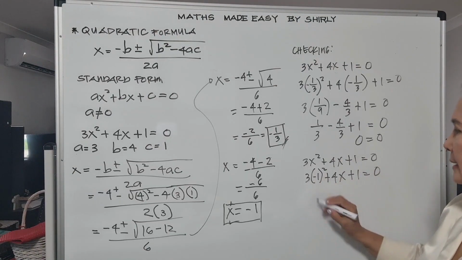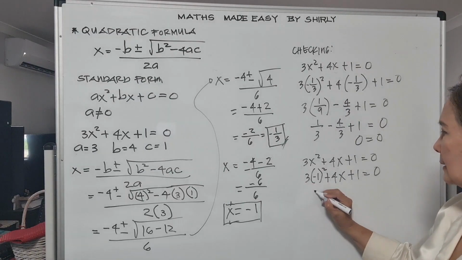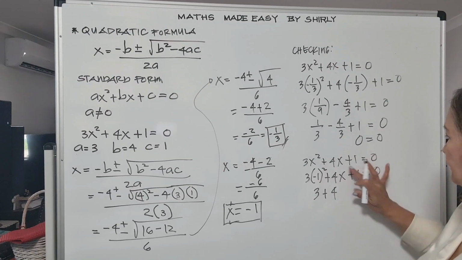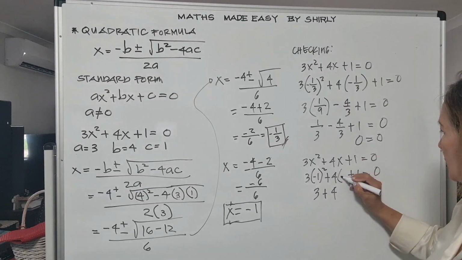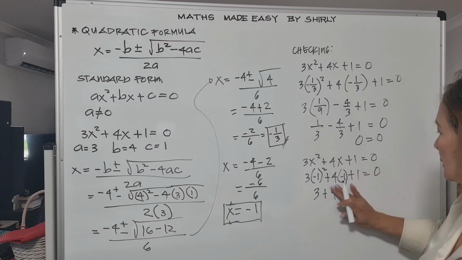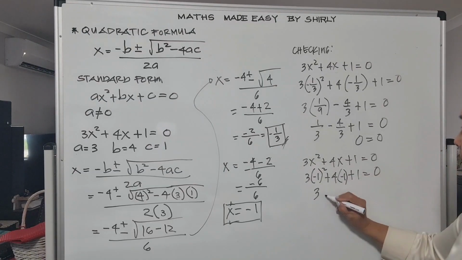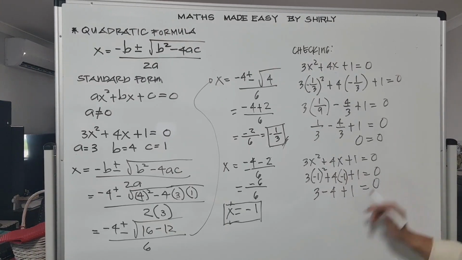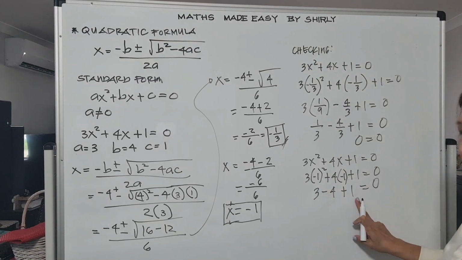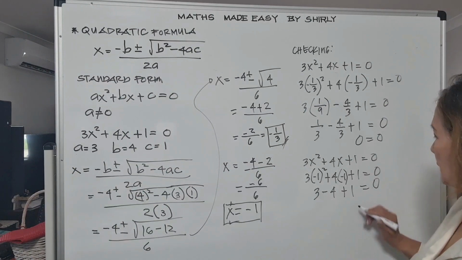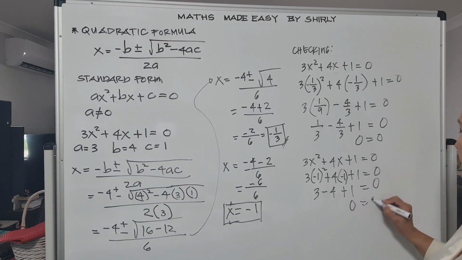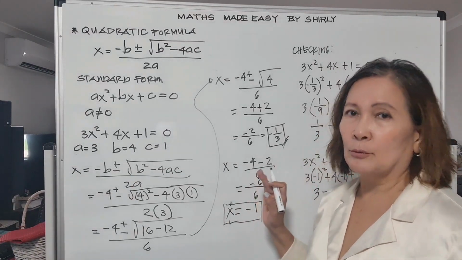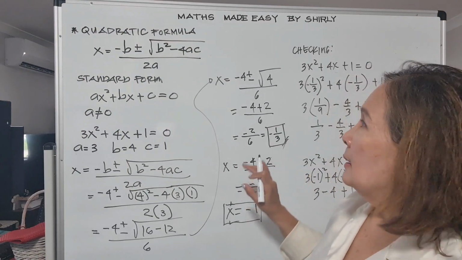The square of negative 1 is 1 times 3, that is 3, plus 4 times negative 1, so that becomes negative 4. So you have plus 1 equals 0. 3 plus 1 is 4, minus 4 equals 0. 0 equals 0. That means the values of x that we found are correct.